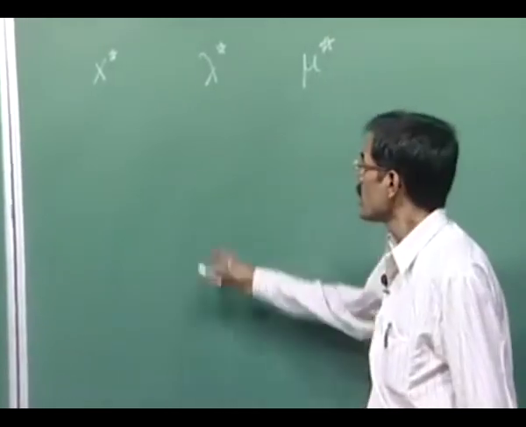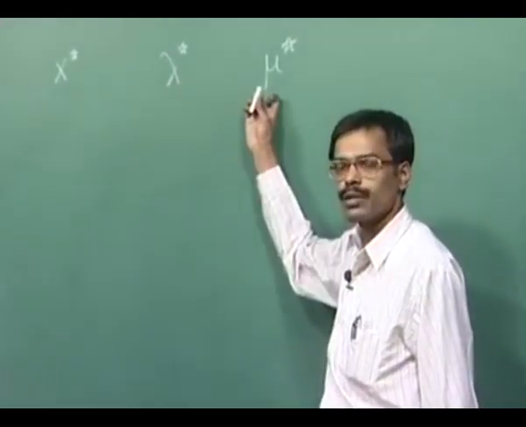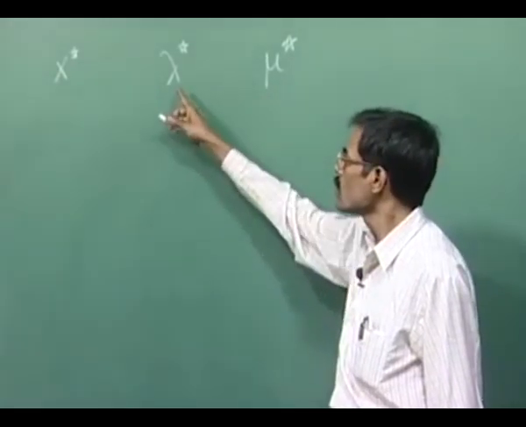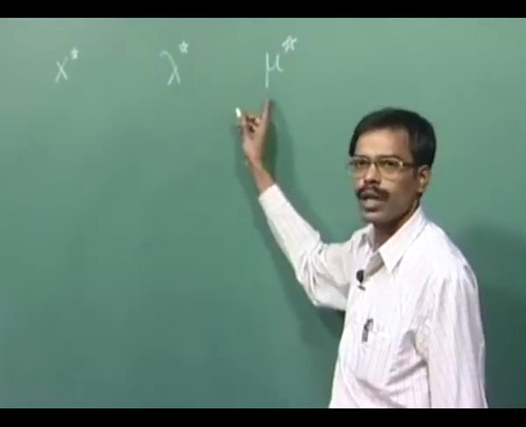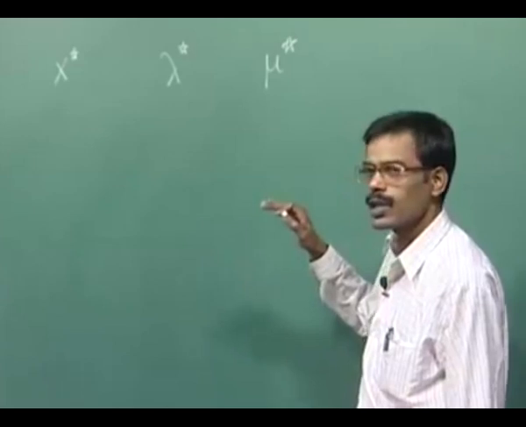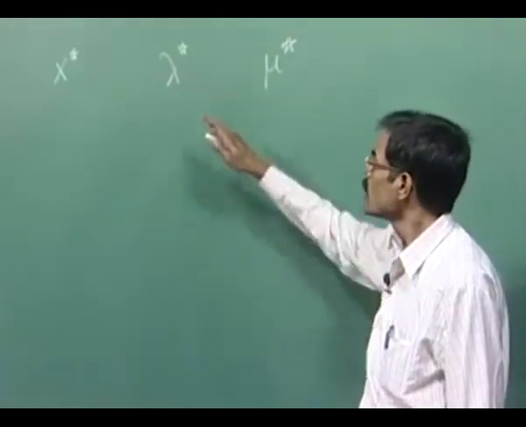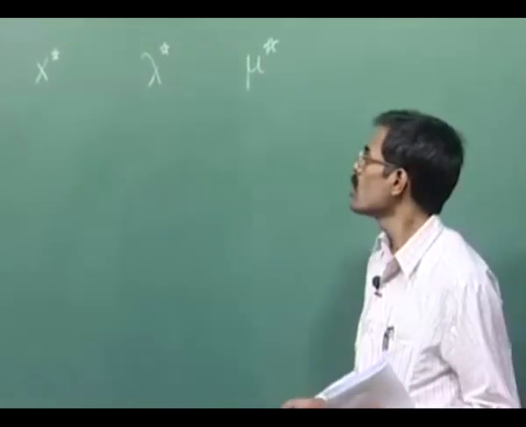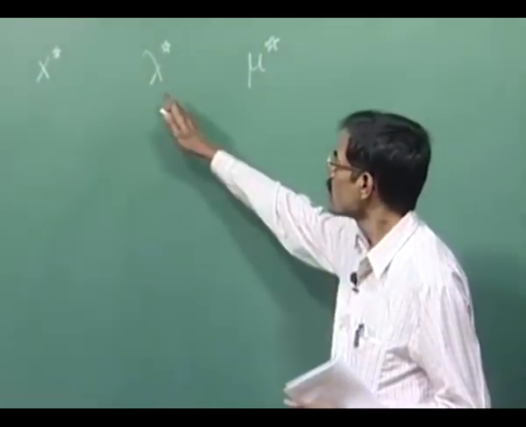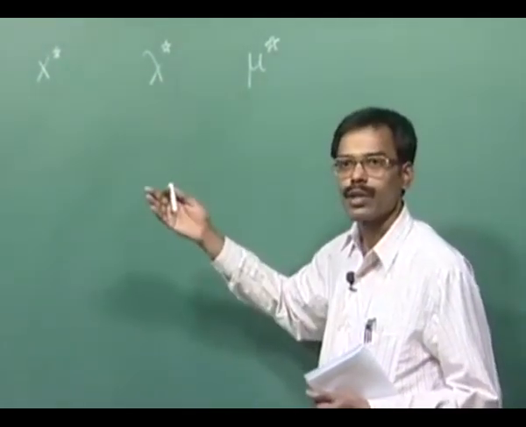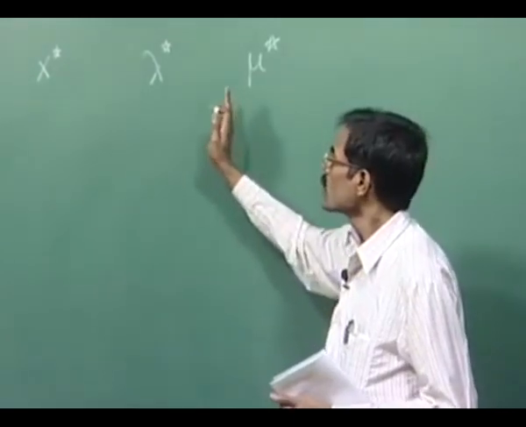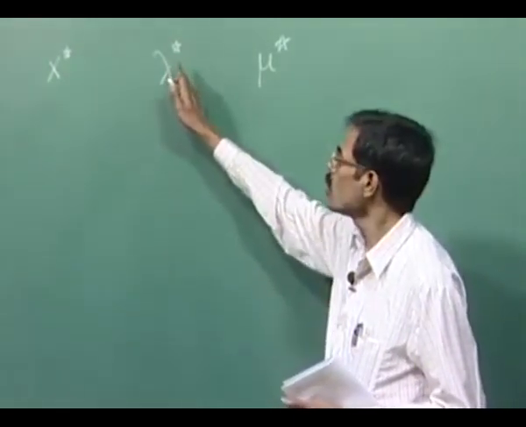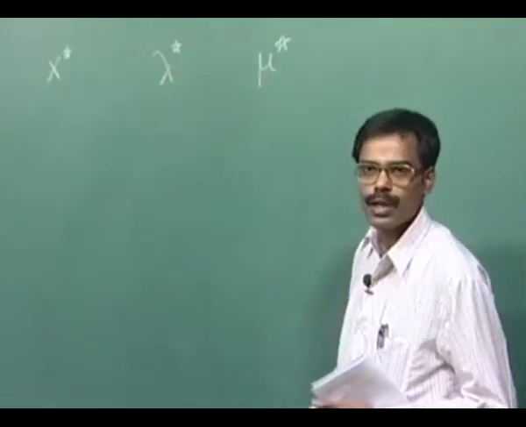Note that these Lagrange multipliers, which we called lambda and mu earlier, we are now giving the names lambda star and mu star, because for the discussion on duality, lambdas and mu's will be taken as full-fledged variables, we need the notation lambda and mu for those variables, and therefore the specific values at the solution point we are going to call lambda star and mu star.